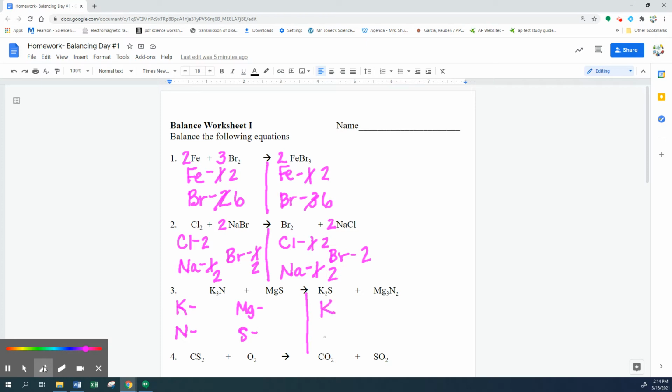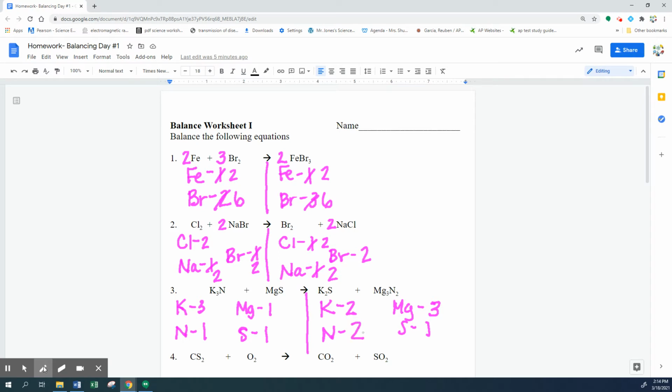I'm going to list them in the same order on the product side. 3 potassiums, 1 nitrogen, 1 magnesium, 1 sulfur. On the right side, I have 2 potassiums, 1 sulfur, 3 magnesiums, and 2 nitrogens.